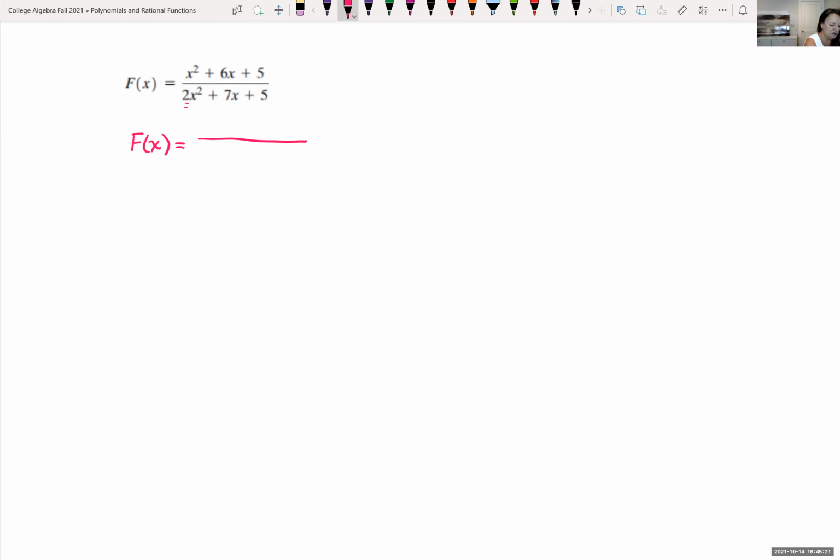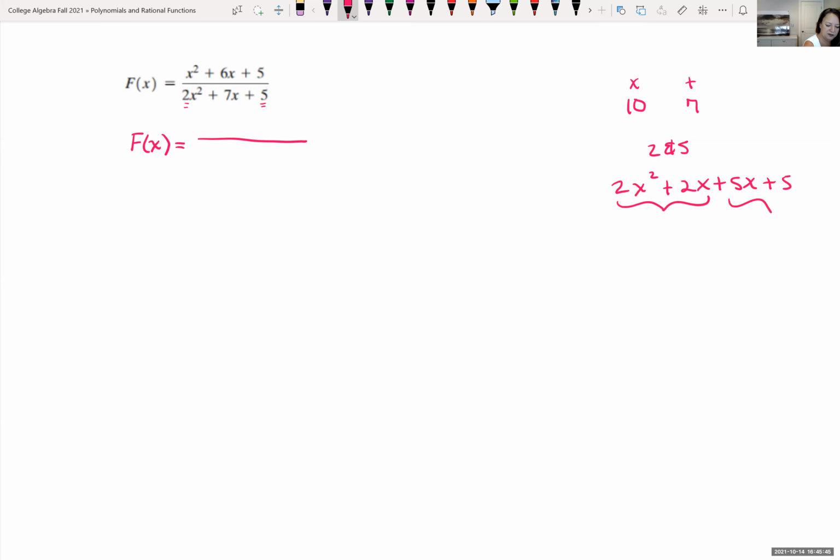I notice there are 2 numbers that multiply to give me 2 times 5, which is 10, and add to give me 7. That's 2 and 5. And so we could rewrite 2x squared, my middle term 7x as plus 2x plus 5x, plus 5.